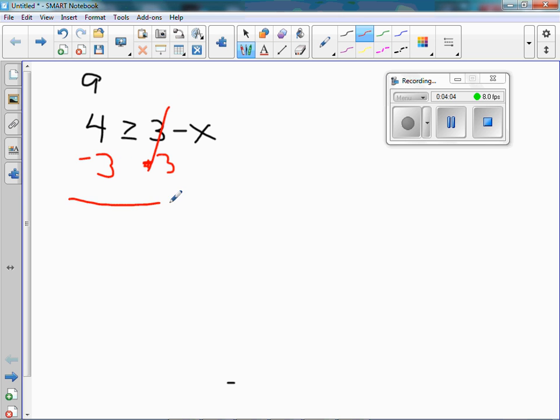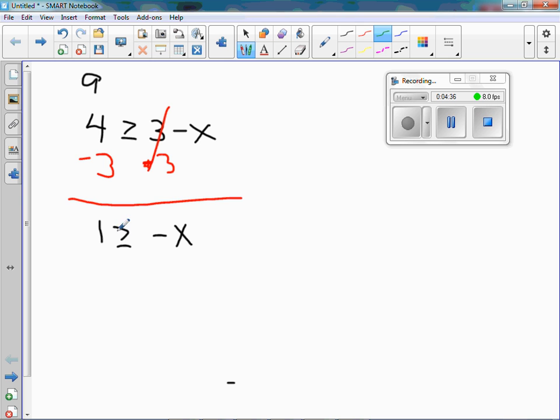So now we're going to combine the 3 and the positive 4, a negative 3 added together is a positive 1. So we have 1 is greater than or equal to negative x. Now, as I told you the other day, when you have a negative by the variable, you must reverse the direction of the inequality sign.